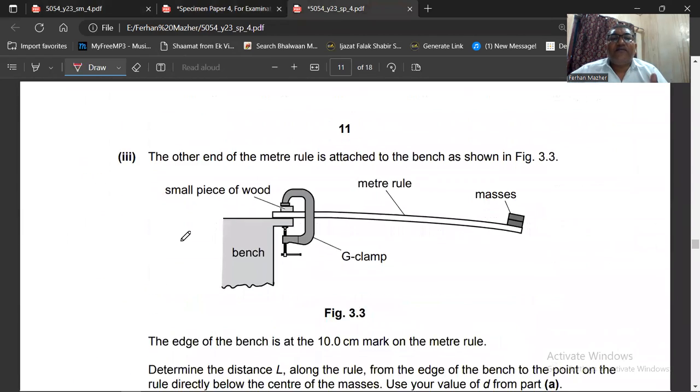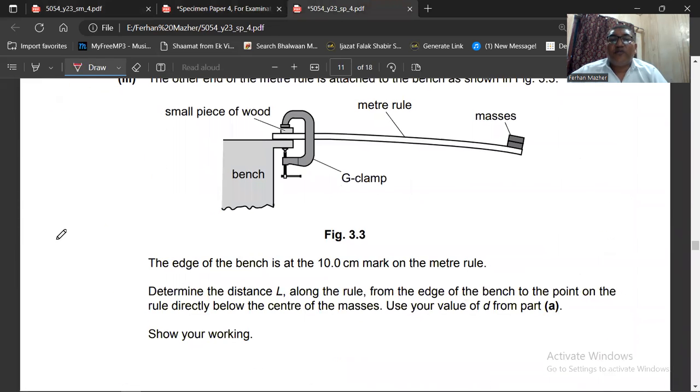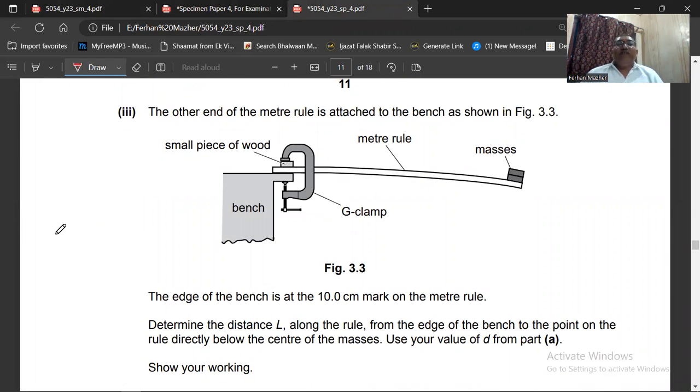Okay, then we have, this is question number 3, and it's B part, and its third portion. He says, the other end of the meter rule is attached to the bench as shown in the figure 3.3. The edge of the bench is at 10 centimeter mark on the meter rule, and you see, determine the distance L along the rule from the edge of the bench to the point on the rule directly below the center of the mass. Use your values.